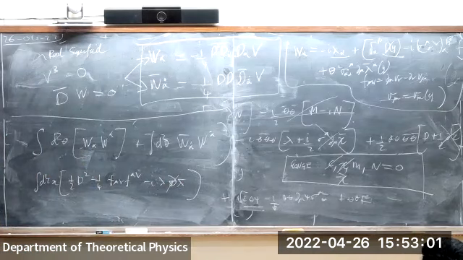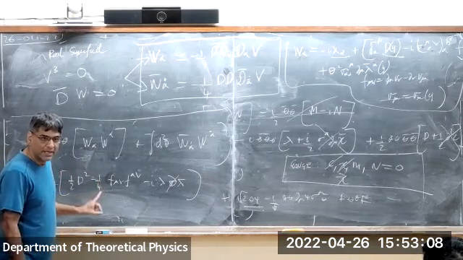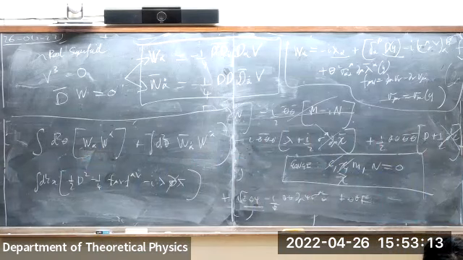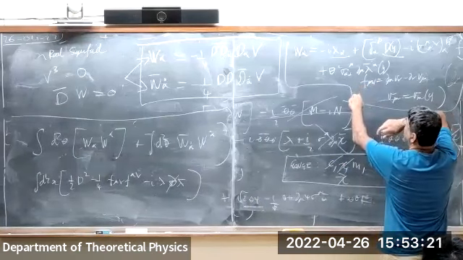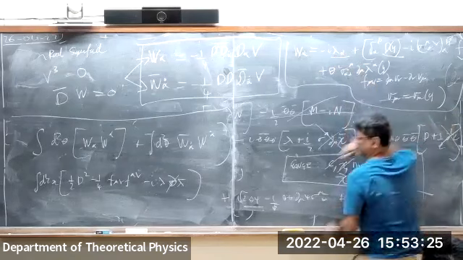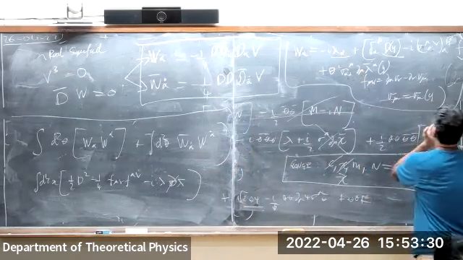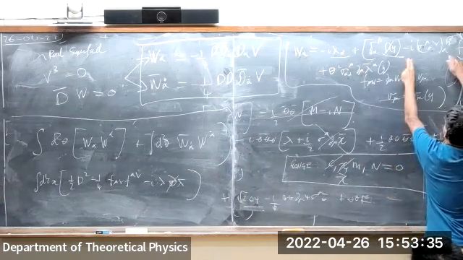Is there a cross term between D and F, between the field strength? No, there isn't, because this is a purely quadratic term. We want to collect the terms theta squared from W. So one term will be like this with this, and another term would be the second term with itself.